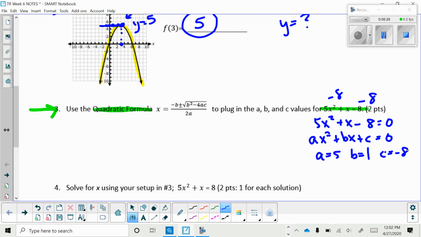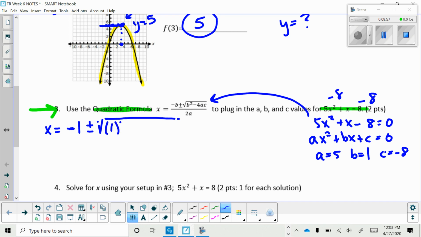So I'm going to take those values and plug them in here to the quadratic formula. And here's how that will look. x equals negative, this negative right here comes from the formula. b is 1. Okay, plus or minus, I'm just going left to right in the numerator. The square root. Inside I have b squared.